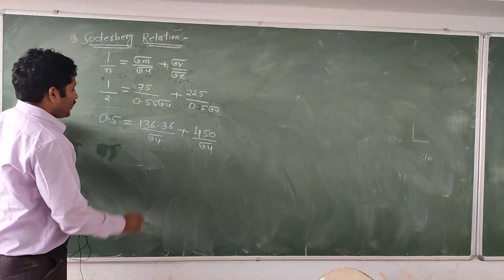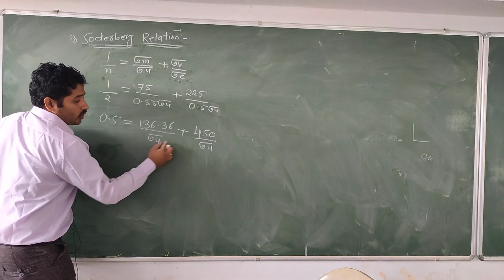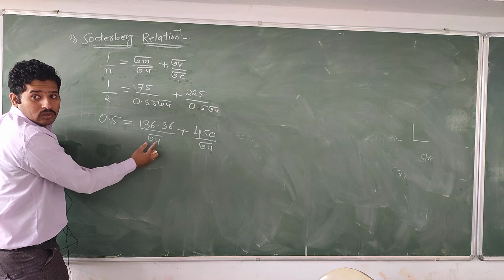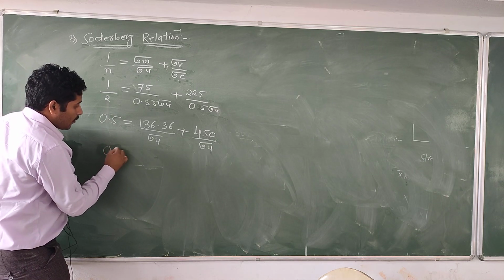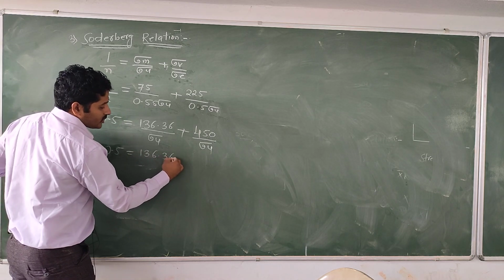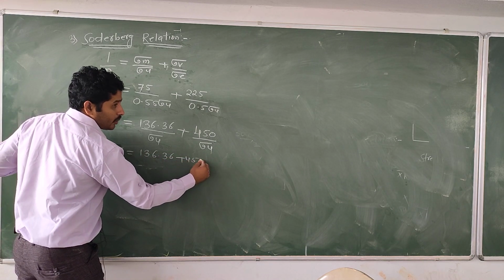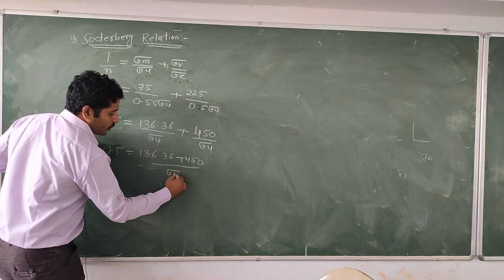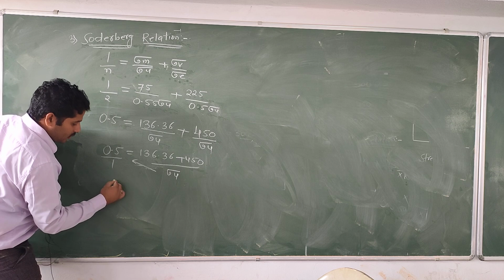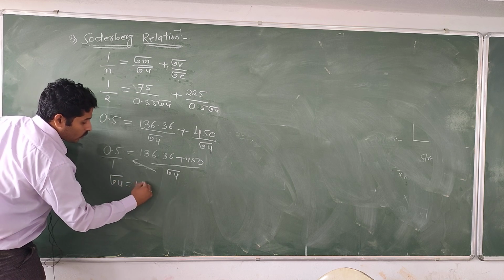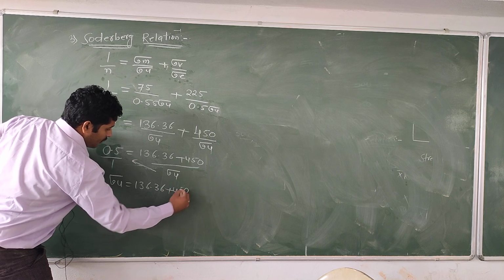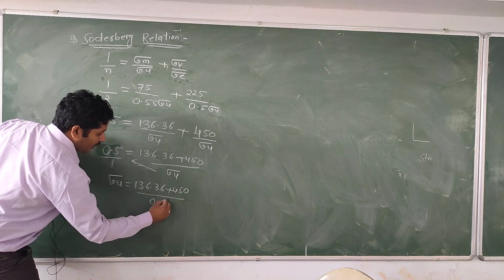Then you need to take the common sigma u. 0.5 equal to 136.36 plus 450 by sigma u. Then cross multiply. Sigma u equal to 136.36 plus 450 by 0.5.